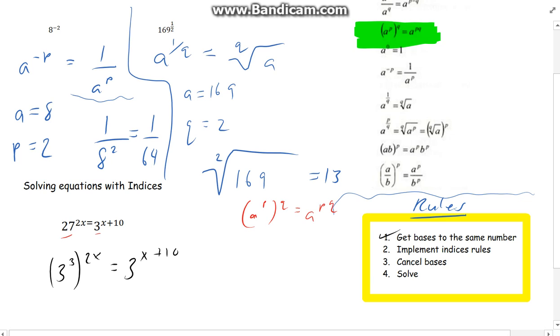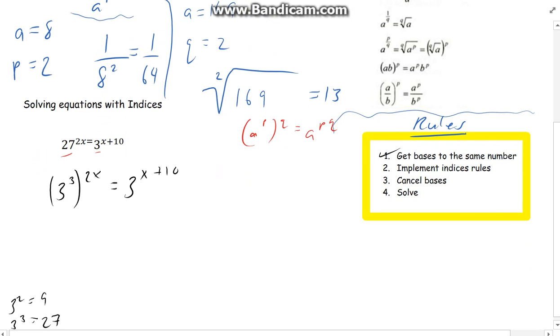The powers just multiply by each other. So our base stays the same, but our 3 now multiplies by our 2x. That gives us 3 to the power 6x equals 3 to the power of x plus 10. So we've implemented our rule.